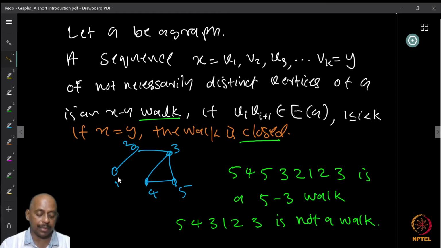So I start from 1, then I go to 2 by an edge. After that, I proceed to the vertex 3. Then I decide, okay, I will go back to 2. Now I go again to 3. Then I go to 5. And then I decide to stop.